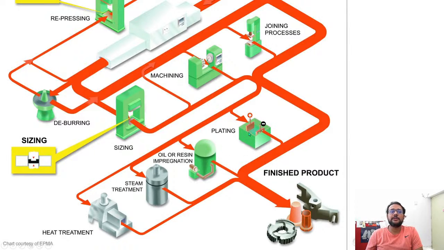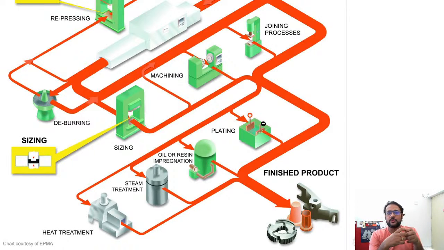And then after that, you would do some treatments. Okay, you can do some electroplating, like let's say you could plate it with nickel or chromium to get a very shiny outer layer. There are some processes where resin or oil is impregnated, especially in parts which need to function in an oil bath, where they are constantly washed with oil.